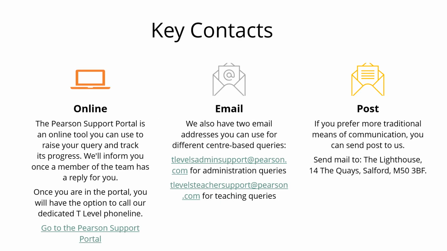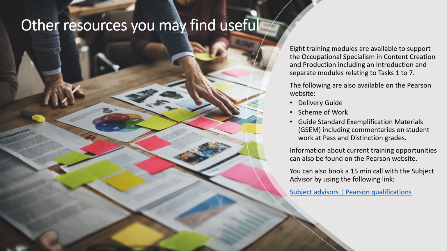The slide now on screen provides the key methods of contacting Pearson if further support is required. Eight training modules are available to support the occupational specialism in content creation and production, including an introduction and separate modules relating to tasks 1 to 7.